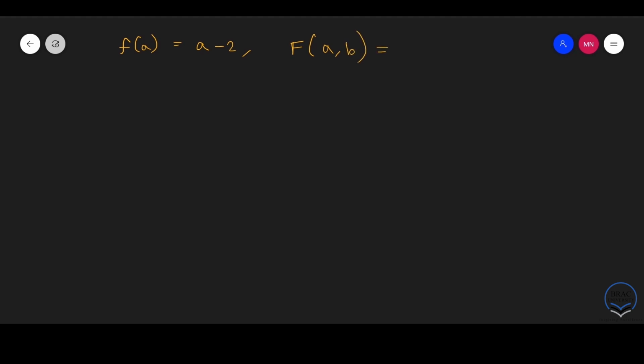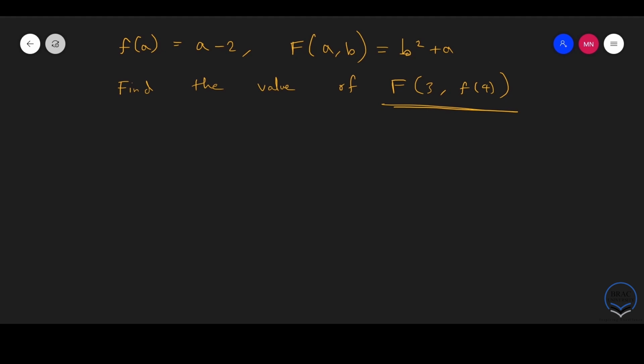So now we have two inputs, and we've worked with two inputs before, and this is equal to b squared plus a. Right, and now we want to find the value of f(3, f(4)).